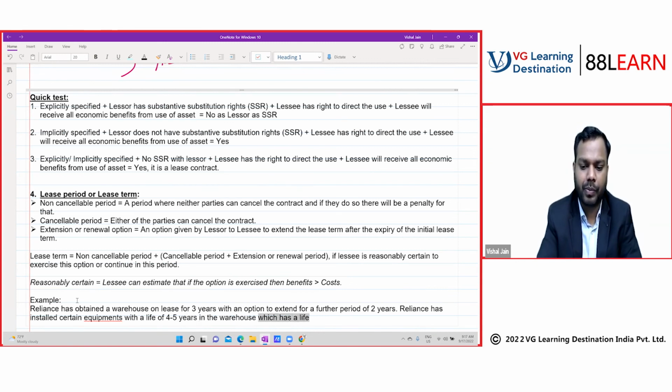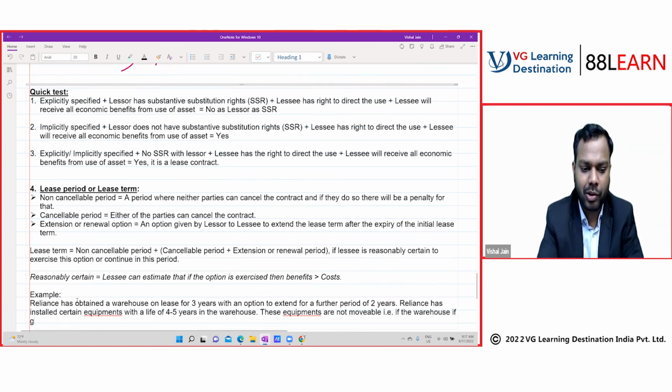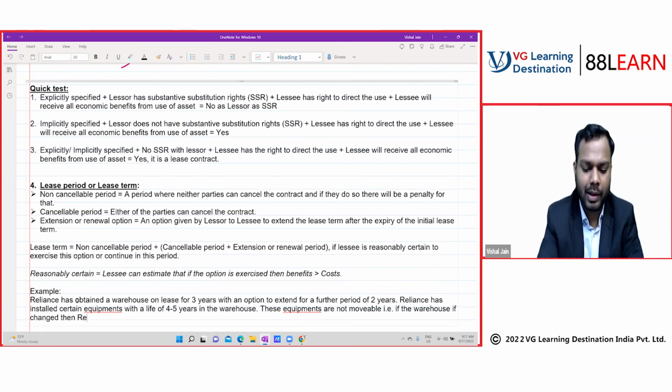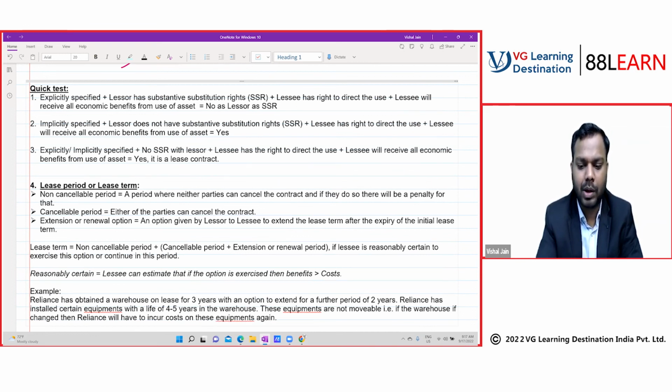These equipments are not movable. That is, if the warehouse is changed, then Reliance will have to incur costs on these equipments again, right? Hence it becomes a reason.